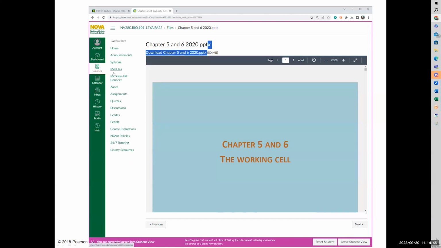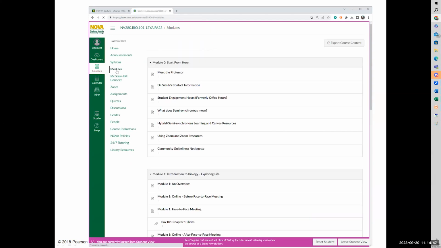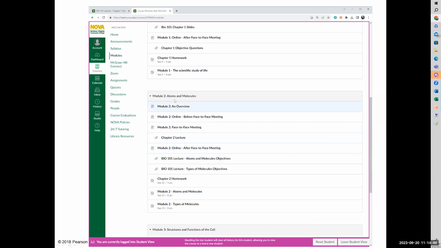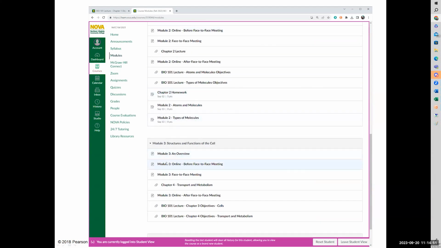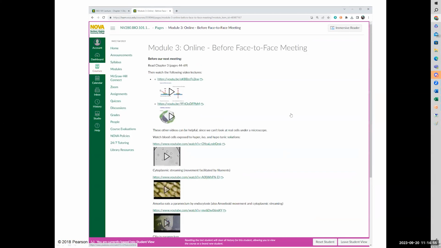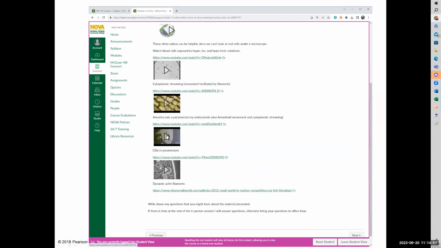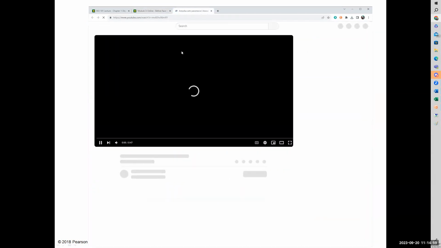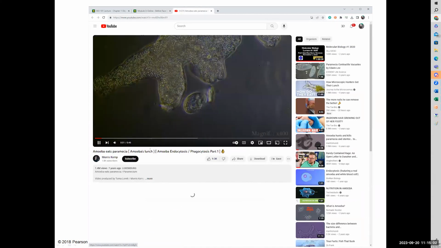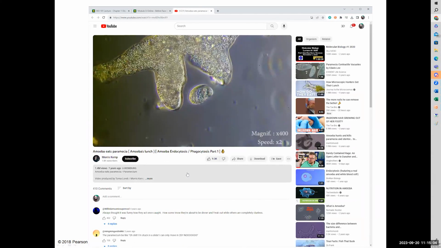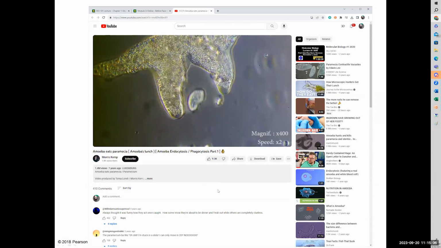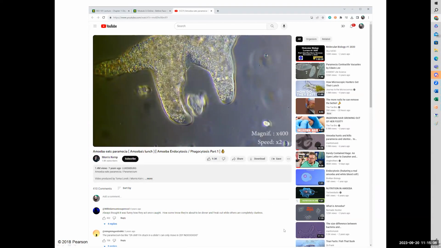If you'd like to see more about how this actually looks in a real cell, remember that there are videos in Module 3. For example, we can see this amoeba use phagocytosis to consume a paramecium. Look how the cell pushes its pseudopods further out to create a pocket.